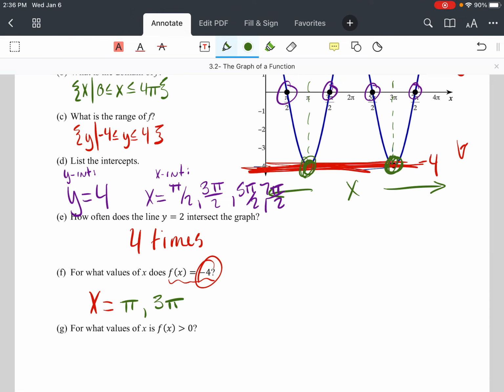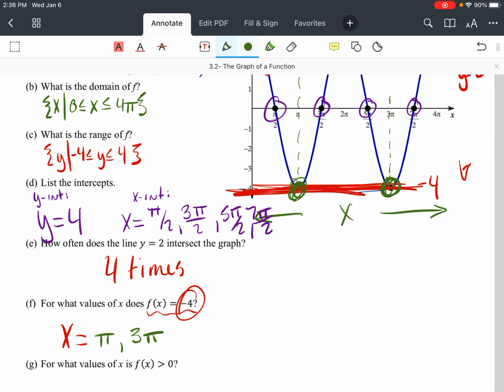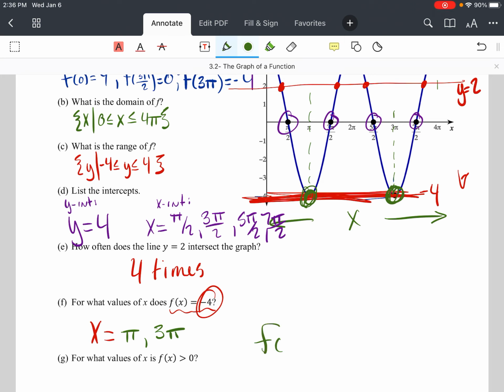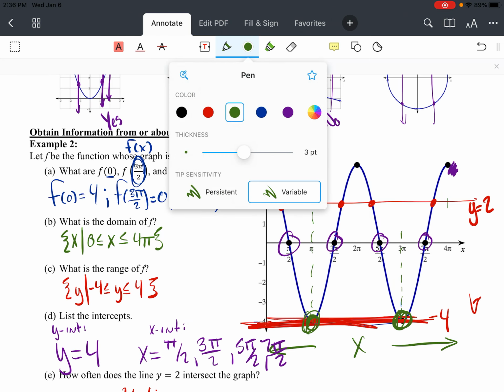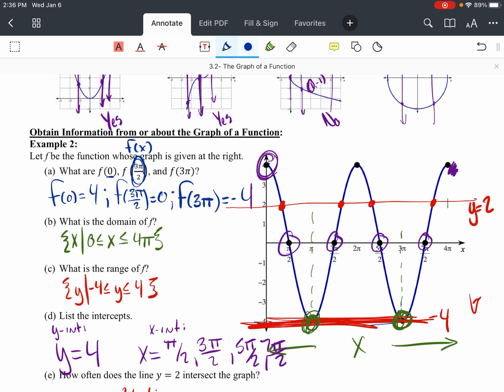All right. Now, the last part is asking for what values of x is the function greater than 0. So remember, f of x is equal to y, so we're looking at where our y values are greater than 0. If we're taking a look at this graph, let me use a different color here.